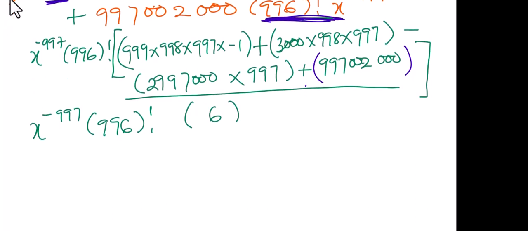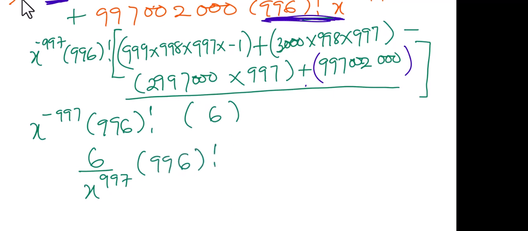So right now we can write this as 6 over x power 997 times 996 factorial.